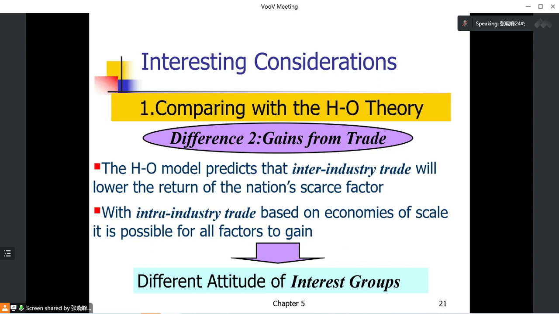Within the intra-industry trade, based on economies of scale, it is possible for all factors to gain, despite the different attitudes of interest groups.